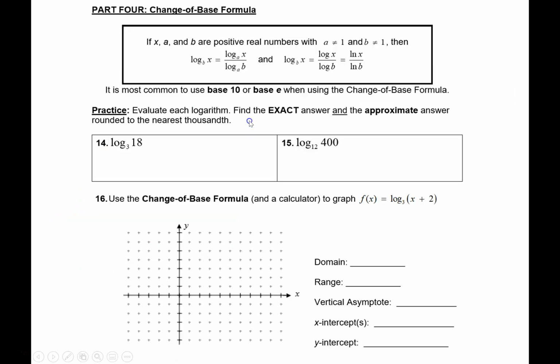Okay, the last thing that we need to do is look at the change of base formula, which we're going to use a little bit today, and we're going to use it more next time when we're solving.